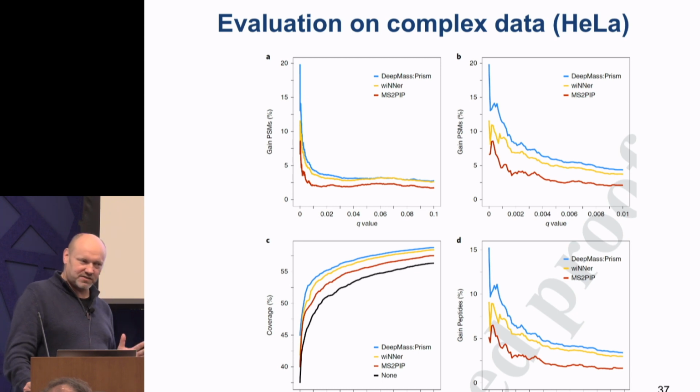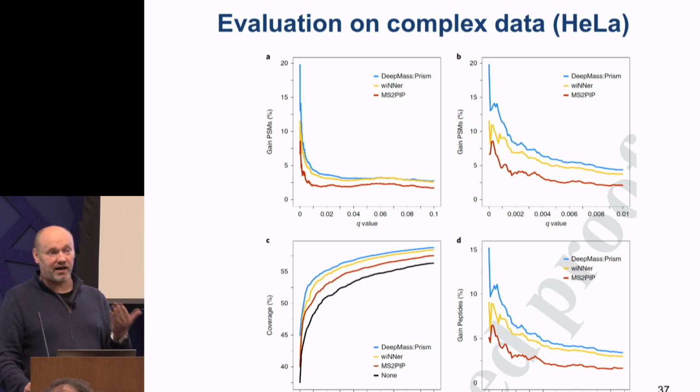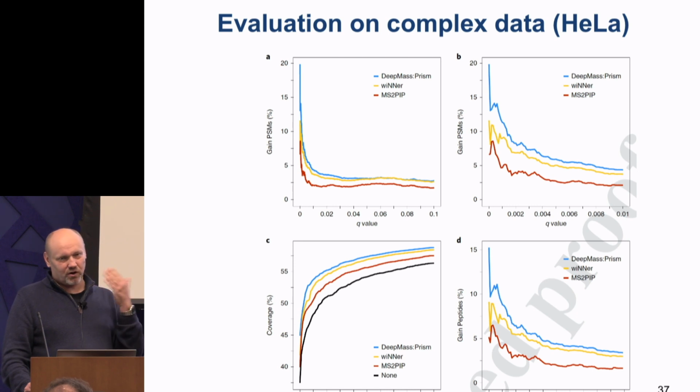And so one should say that's actually not a small number, because this is a very standard HeLa data set that's very well characterized by MaxQuant. So the identification rates are already high, and also many of the non-identifications are actually modified peptides and things like this, right? So that's actually a good gain.